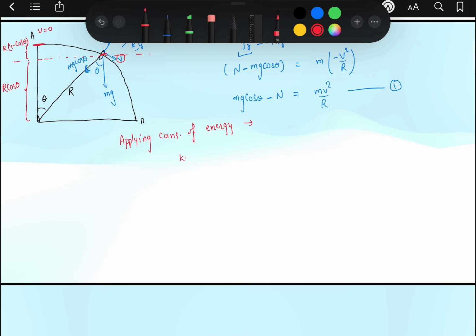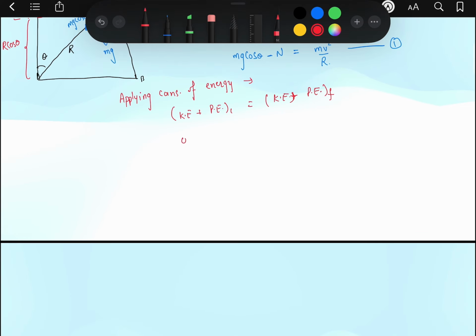So kinetic energy plus potential energy initial will be equal to kinetic energy plus potential energy final. Initially kinetic energy is 0 and the potential energy at the initial point is mgh, where h is R into 1 minus cos theta.